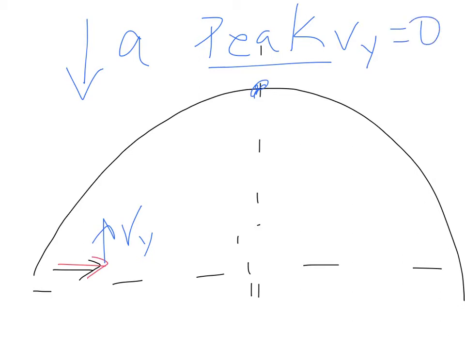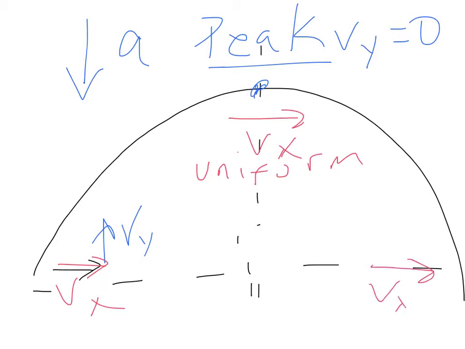However, remember that the x component is, you guessed it, uniform. So the x component here is the same as the x component here is the same as the x component here. But on our right hand side, our y component is actually in this direction.